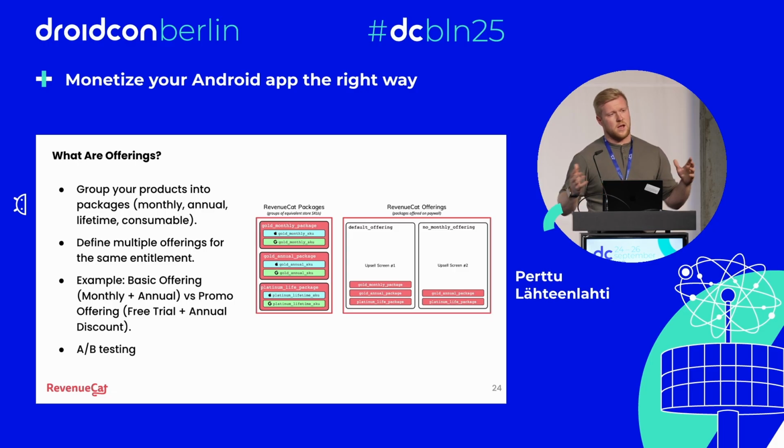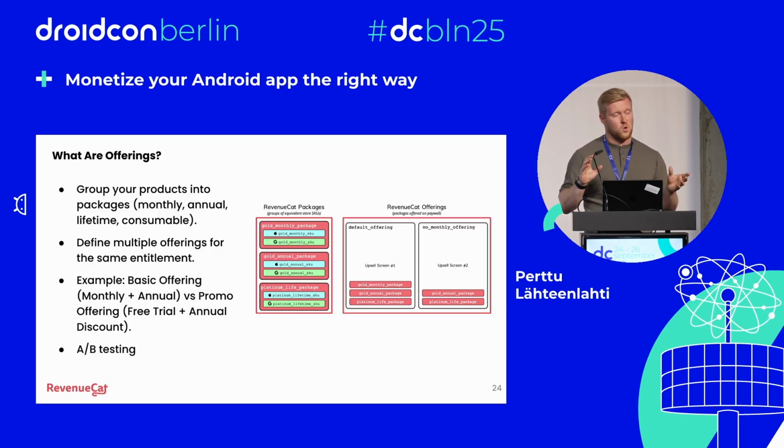As you mentioned, you can have multiple subscription products. You can have a monthly subscription, you can have a yearly subscription. You can collect all of those into a single offering. If you have 2 platforms, iOS and Android, you can have monthly on Android, monthly on iOS. They're all part of the same offering. And you can then do A/B testing. You can create a different offering that has different products with different price points, which allows you to A/B test which one of those performs better.